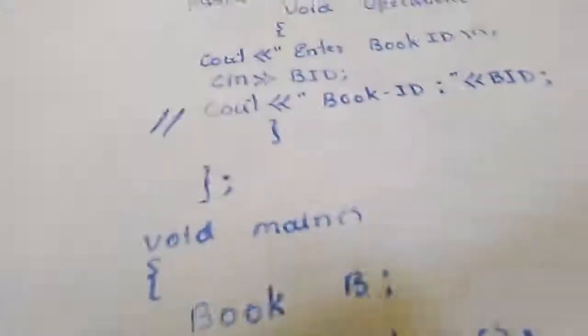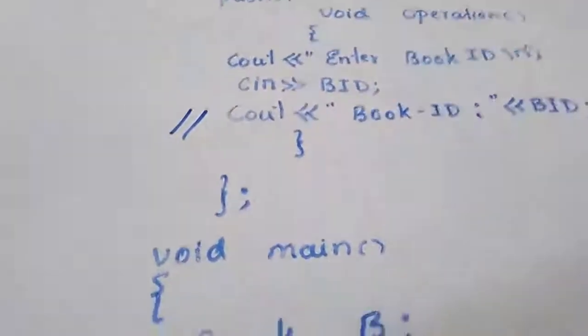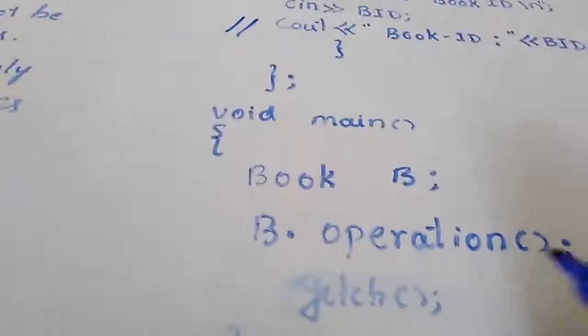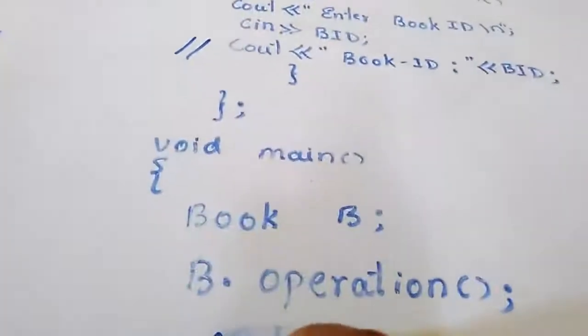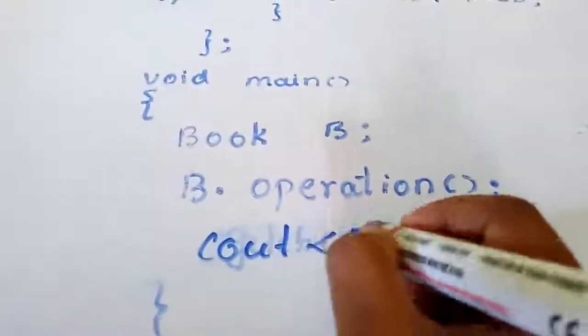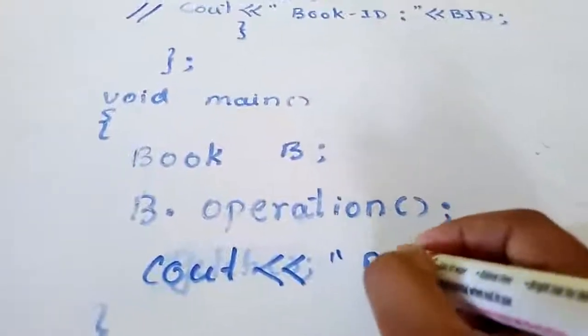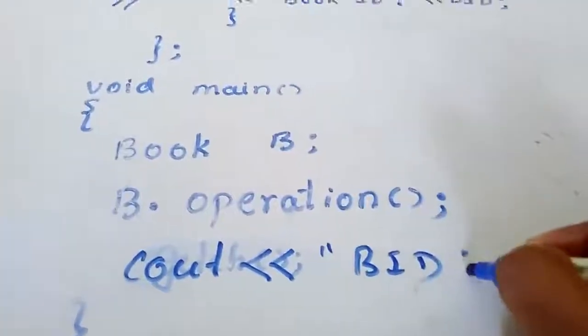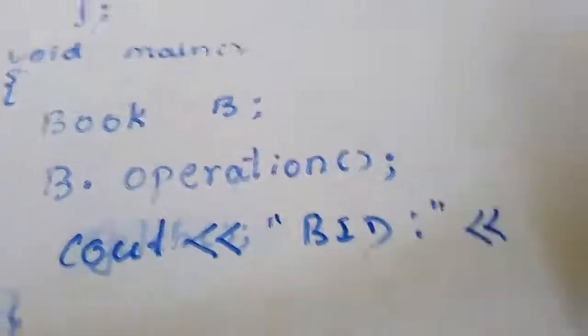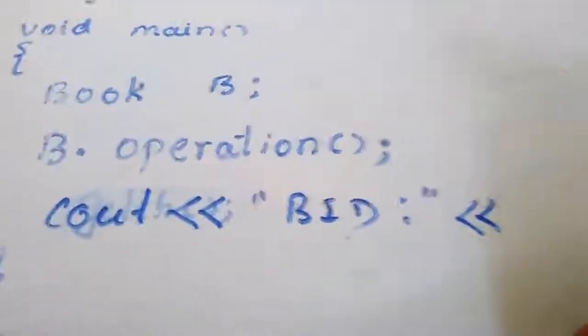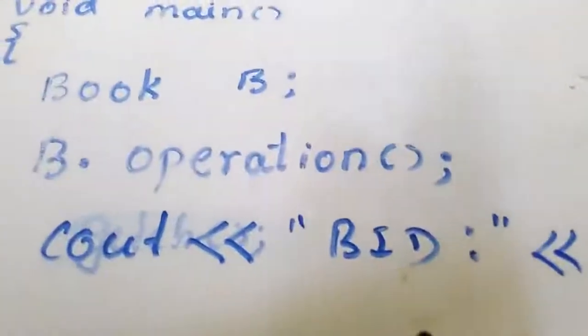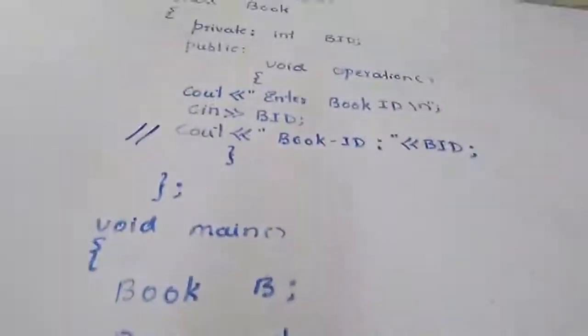cout, insertion, BID colon, BID. If you are trying to display BID from the main function, BID is also a member of a class. It's a data member.